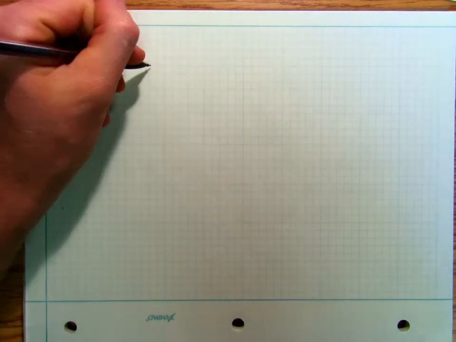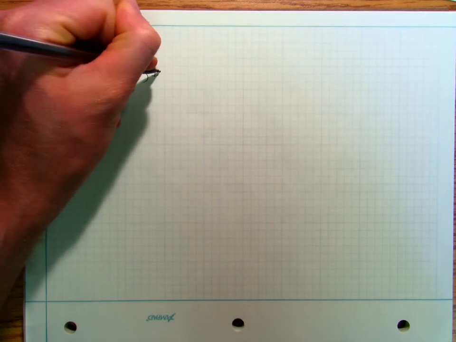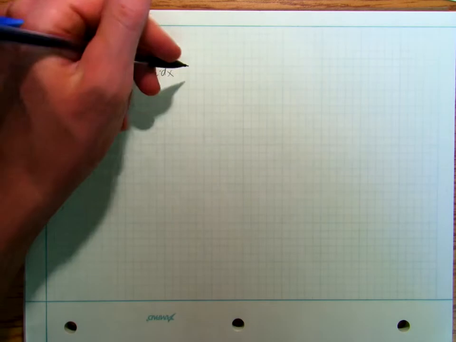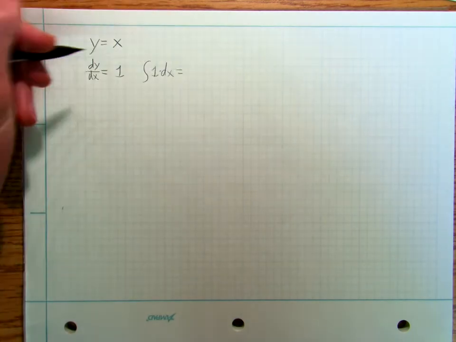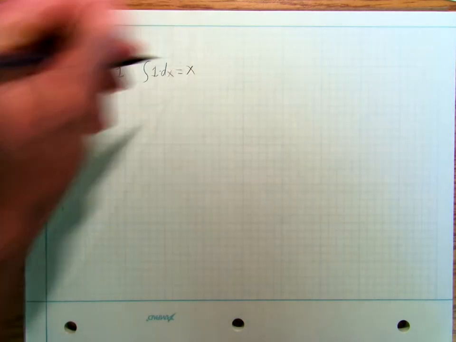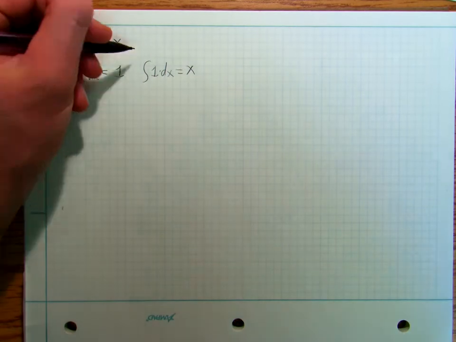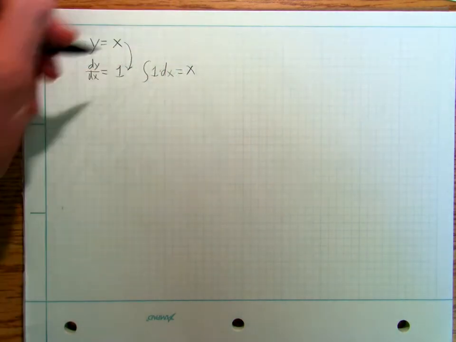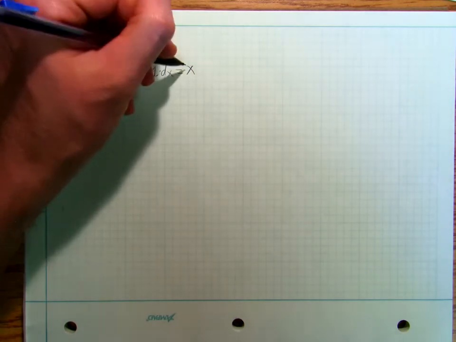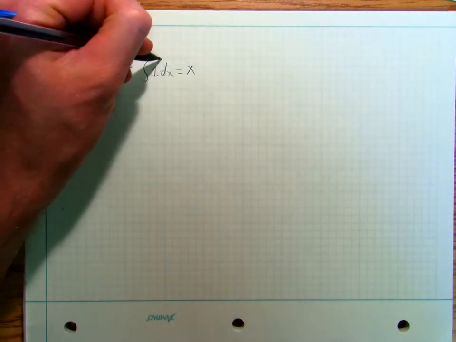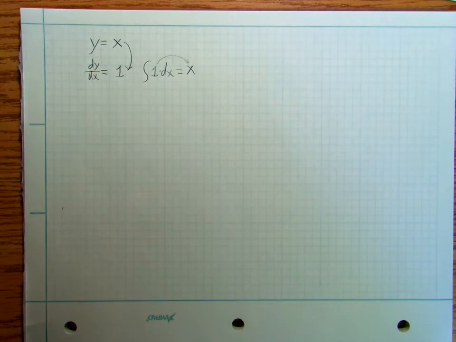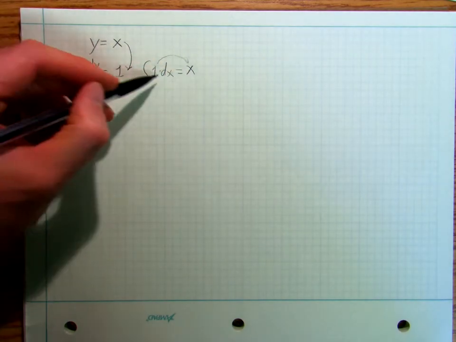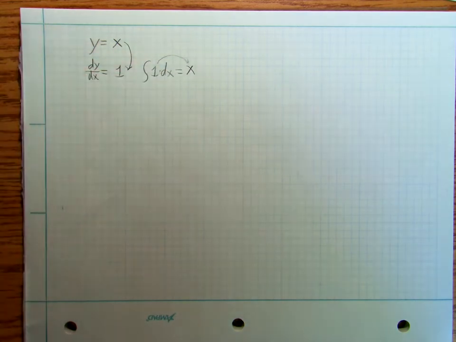Now if I say, what's the integral of 1 times dx, you should be able to answer that. It should be x, because this goes that way, and so that's the derivative, and this is the antiderivative. So the derivative of x is 1, the antiderivative of 1 dx is x.